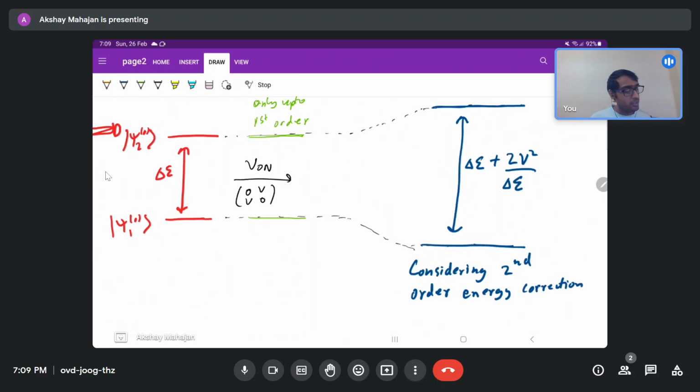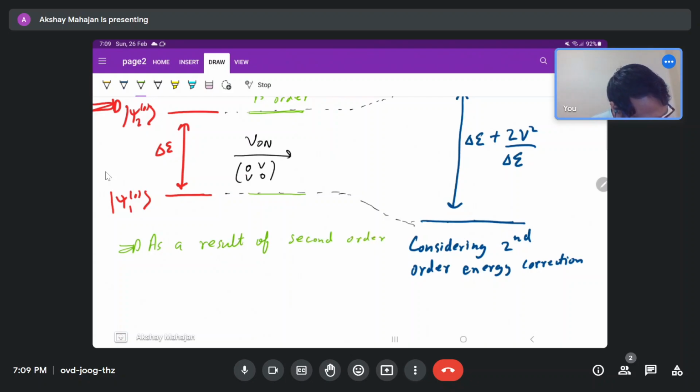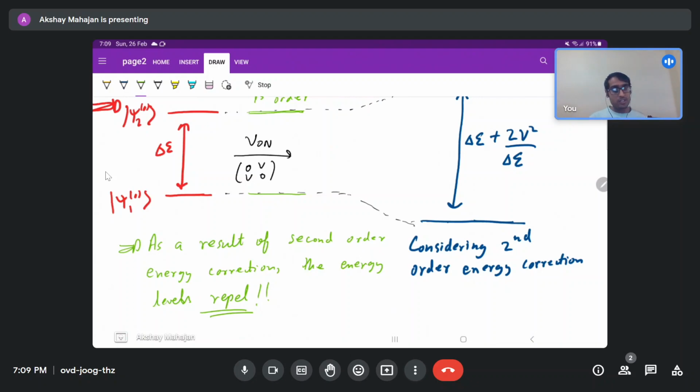So if you consider second order energy correction, then we are seeing that the delta is changing, and what we are seeing is that as a result of second order energy correction, the energy levels repel. So the energy levels in this kind of potential start to repel.